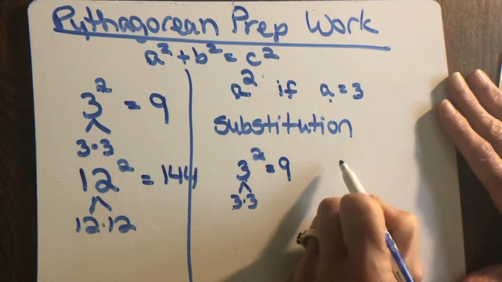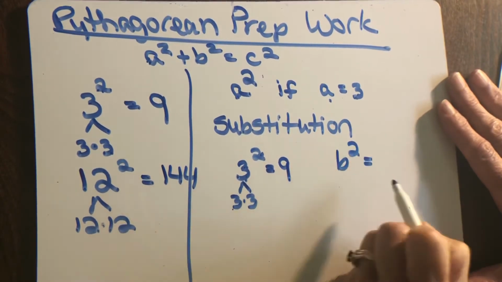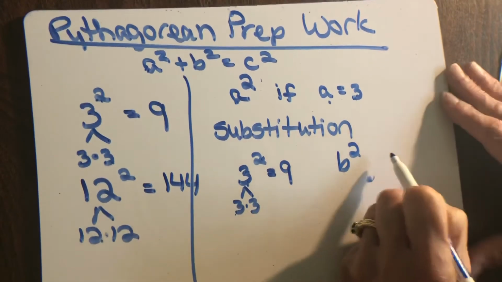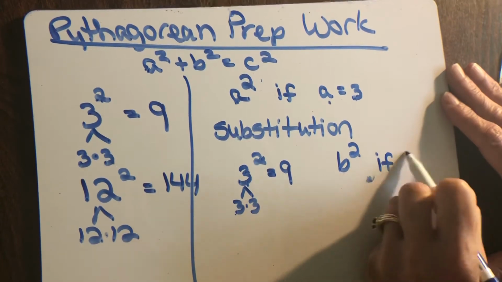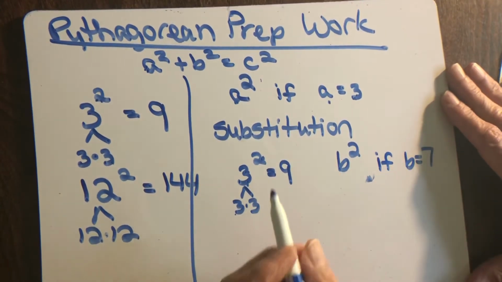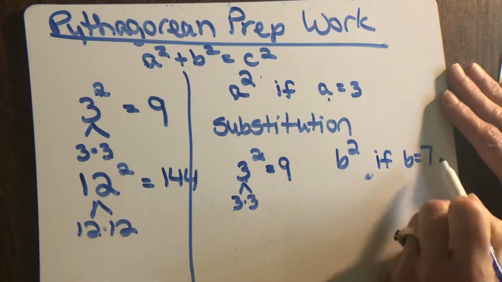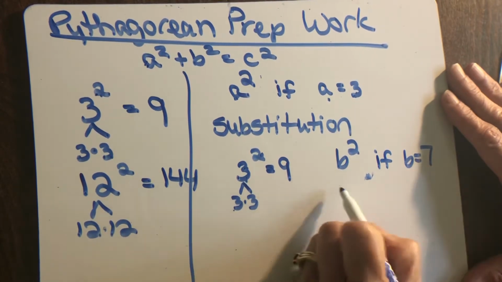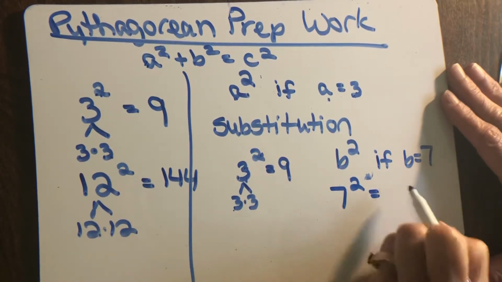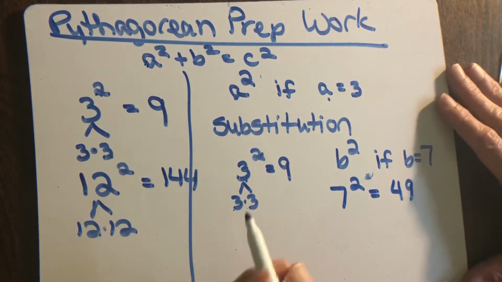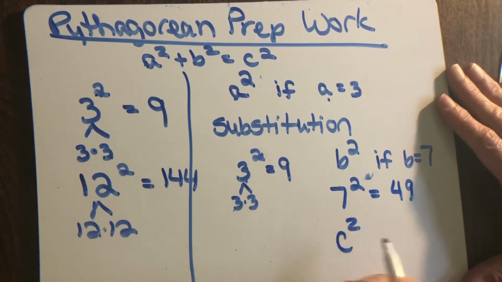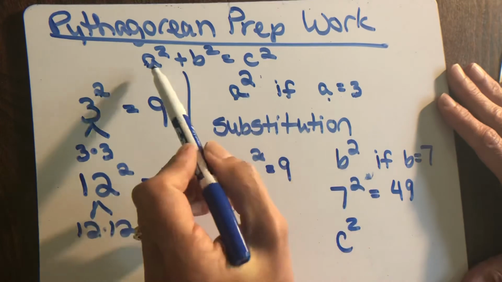So let me give you just a couple more. I'll write them down. You work them. B squared if b equals 7. All right, so that would be 7 squared, which is 49. All right, what about c squared? See, we're just doing our letters of our formula here.